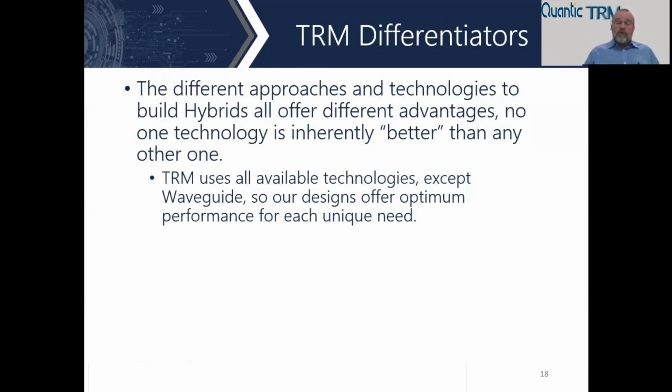So there are certain times for certain applications, whether it's a power level or a frequency range, where one approach will be better than the other. TRM uses all of these technologies. We're not necessarily going to be driven into the one technology that we do. So we can usually come up with a better solution and use the best of all technologies.